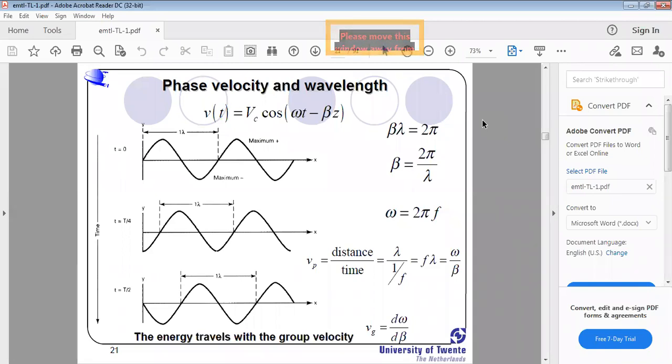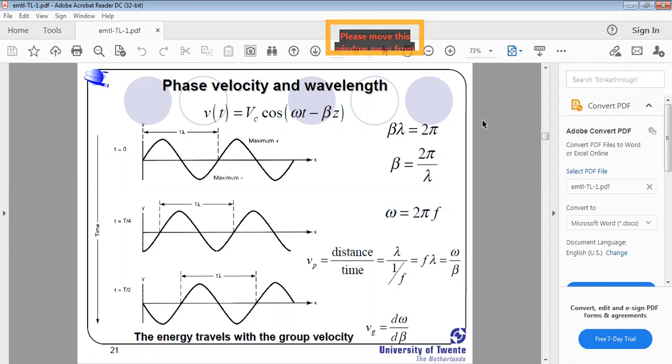A complete phase shift of 2 pi, the distance traveled to reach it, is called its wavelength, always represented with lambda. So velocity equals distance lambda by time, and time is nothing but 1 by frequency. From that we define phase velocity vp equal to f lambda, which may also be represented as omega by beta.